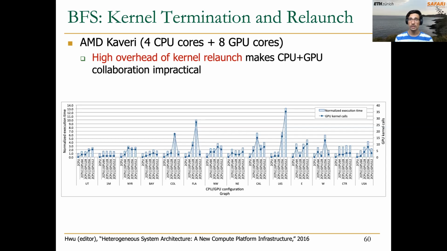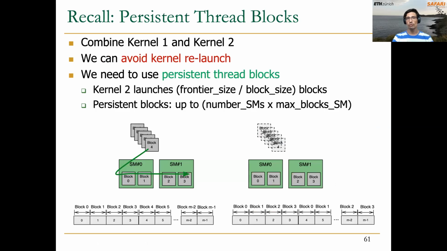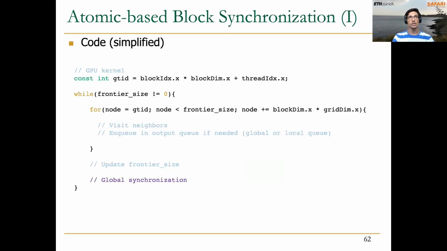So in these kinds of cases, instead of terminating the kernel and starting a new kernel for every single iteration, it makes sense to go for this implementation with persistent thread blocks, where we avoid the kernel relaunch. Remember that we already covered this in the graph search lecture, and here we even discussed how the code inside the GPU kernel would need to look to perform some global synchronization across all the thread blocks at the end of each iteration.